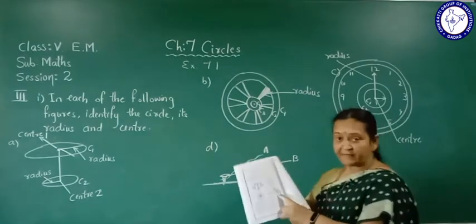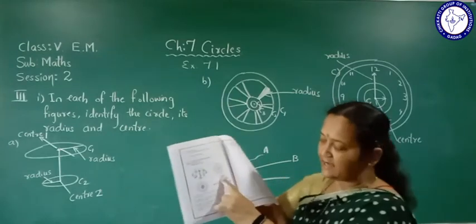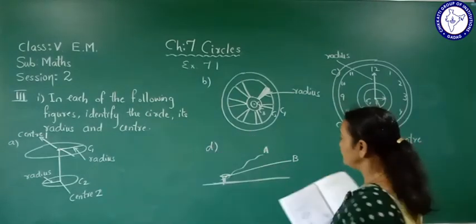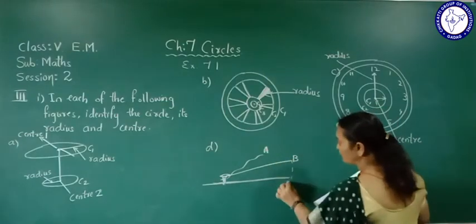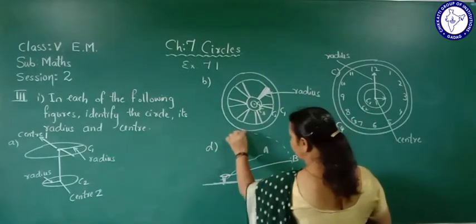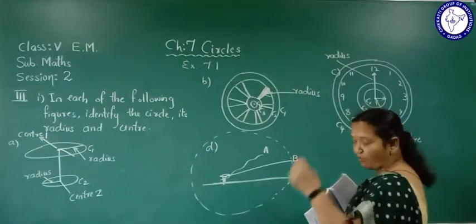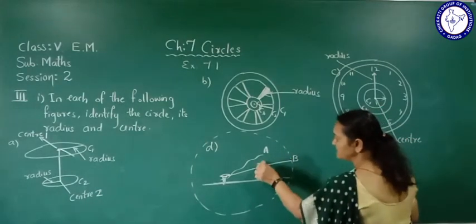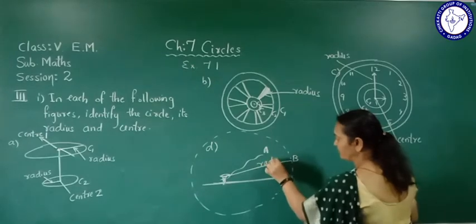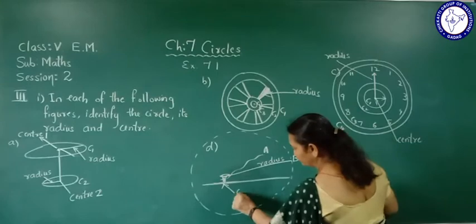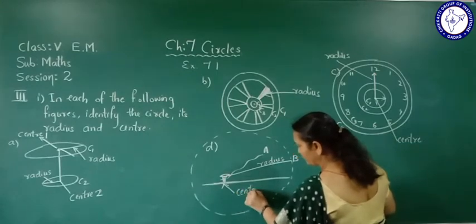You can see the figure. If these cows are moving, you will find a circle. If cows are moving, then this is a radius. This is a center. This understood?